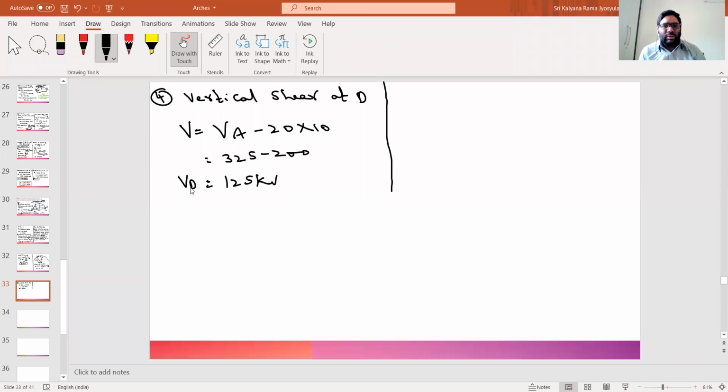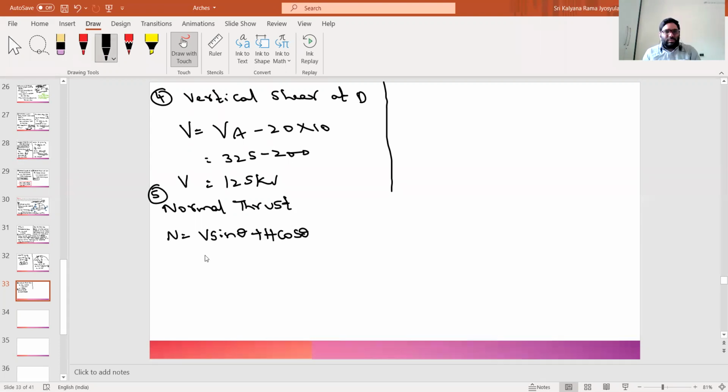And then we get N, the normal thrust. Normal thrust is given by N is equal to, what is the formula? V sin theta plus H cos theta. So V is nothing but, in order to avoid confusion, we can just name it as V itself.